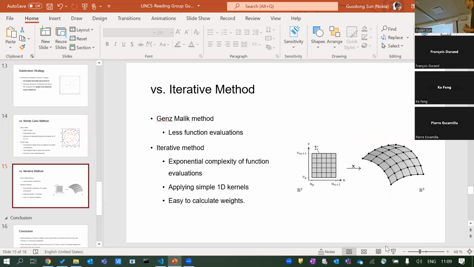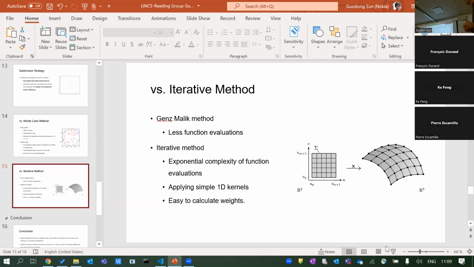Then the most straightforward comparison is to compare the Genz-Malik method against the iterative method. The iterative method does the integration along each dimension, subdividing and computing. In each dimension, at each point you compute the integral in the other dimensions iteratively.